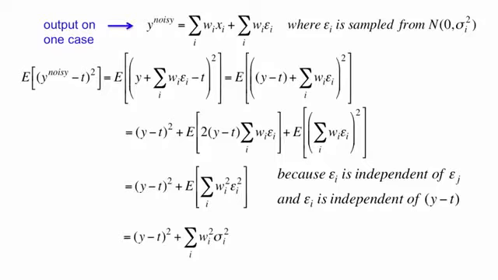So we can rewrite the expectation of the sum over all i of w_i squared epsilon_i squared as simply the sum over all i of w_i squared sigma_i squared, because the expectation of epsilon_i squared is just sigma_i squared, because that's how we generated epsilon_i. And so we see that the expected squared error we get is just the squared error we get in the noise-free system plus this additional term, and that looks just like an L2 penalty on the w_i, with sigma_i squared being the strength of the penalty.